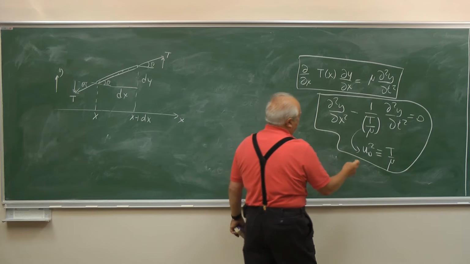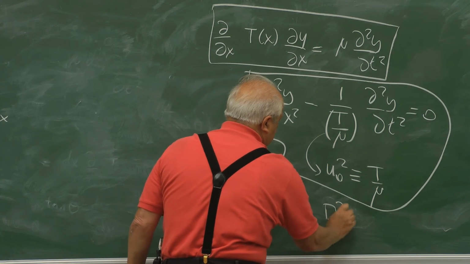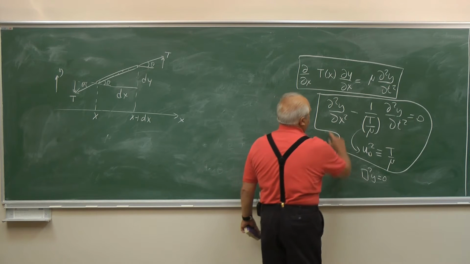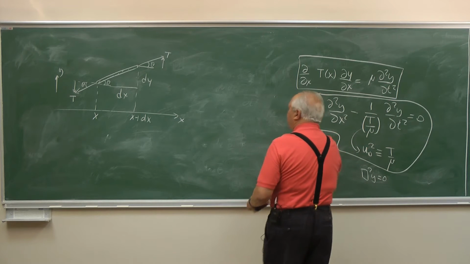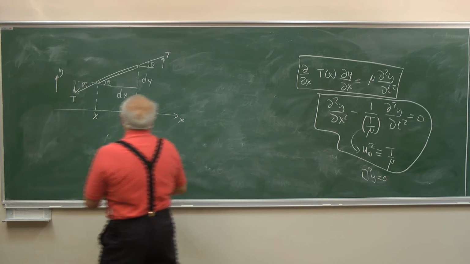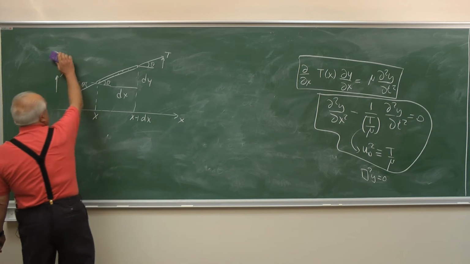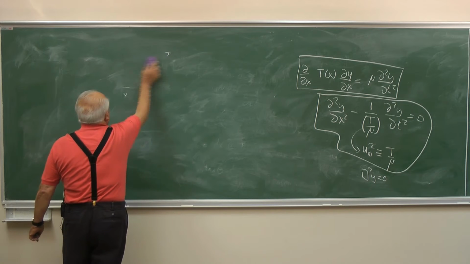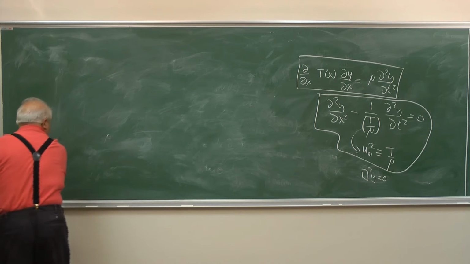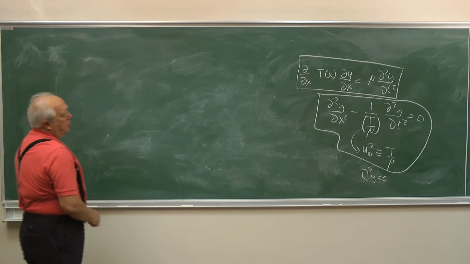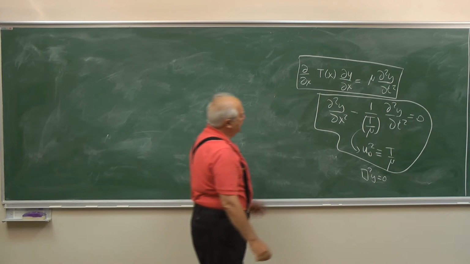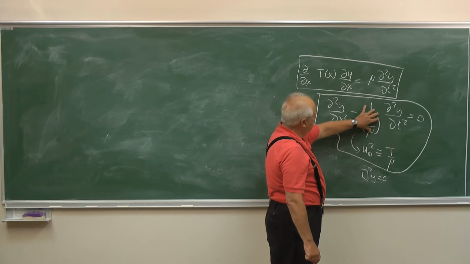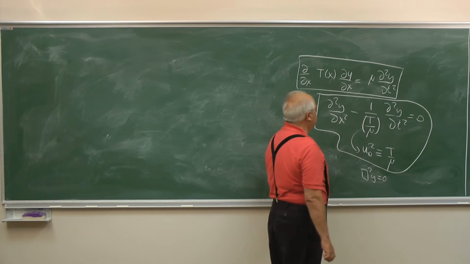And also for a shorthand, we shall use, this represents this operator acting on y. I'm erasing the figure also, we don't need that anymore. So for T equals constant and mu equals constant, we will deal with this equation.